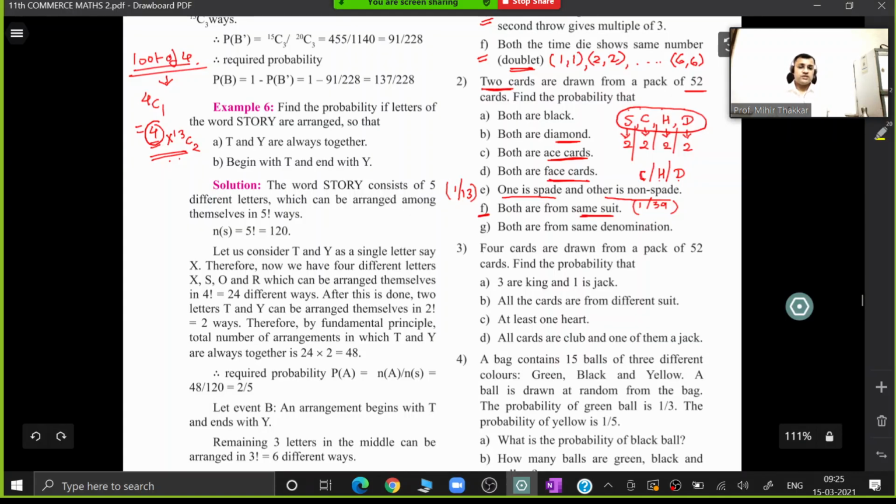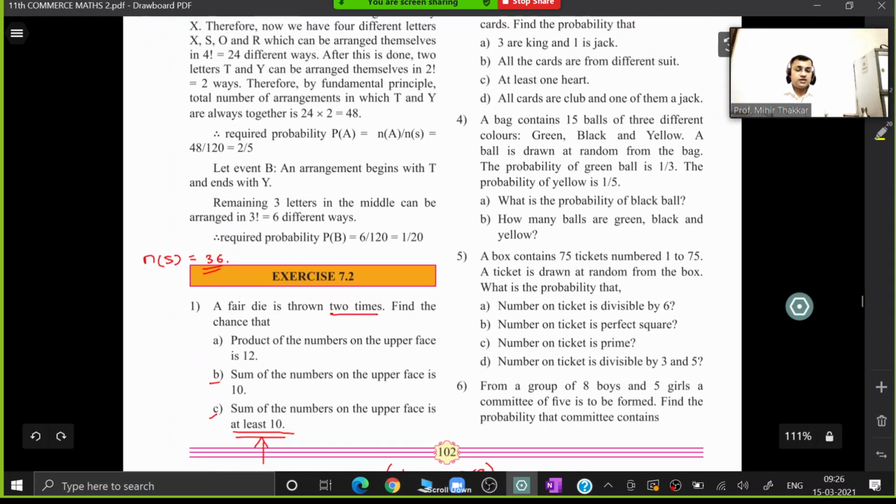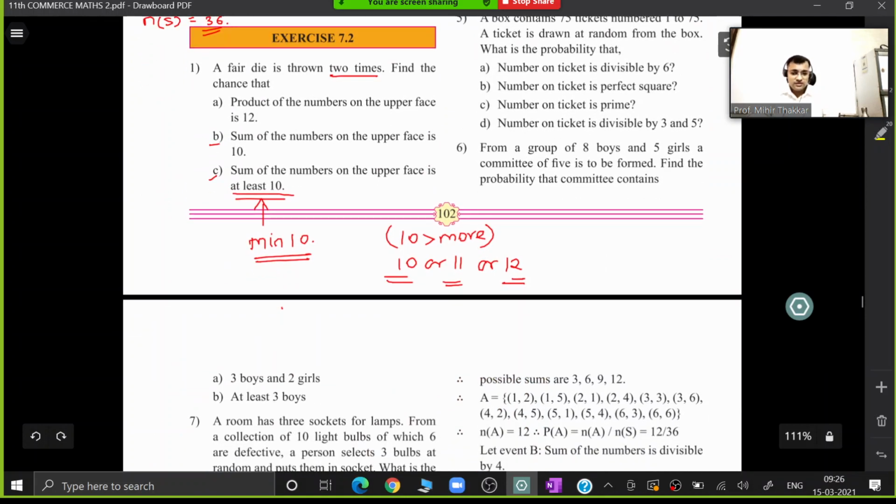Now the G part over there says that both are of the same denomination. Now what does it mean by the same denomination? As I told you in the beginning when we were discussing the cards, the denominations are king, queen, jack, 2, 3, 4, 5, 6, 7, 8, 9 and 10 and the ace.